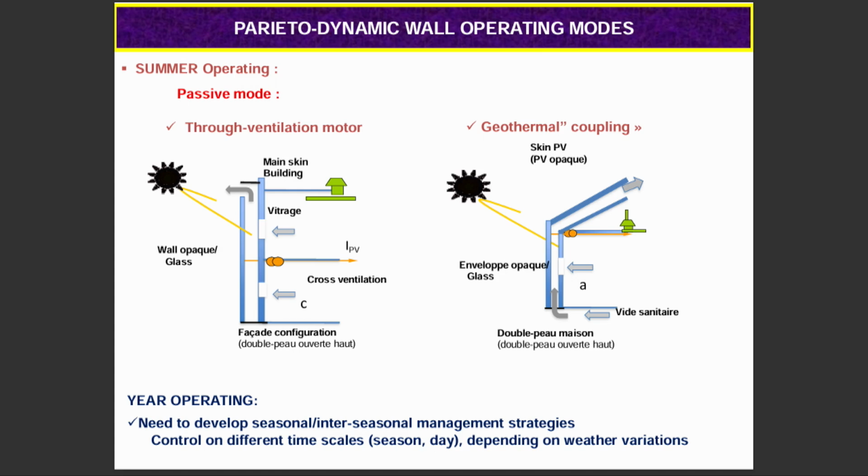So if you're on the south facade, you close the bottom, you open the top, and you allow the air to go from inside the building to outside the building. And in principle, the fresh air which is coming from the north is cooler, and it will allow to cool the building because it's cooler, and also by convection.